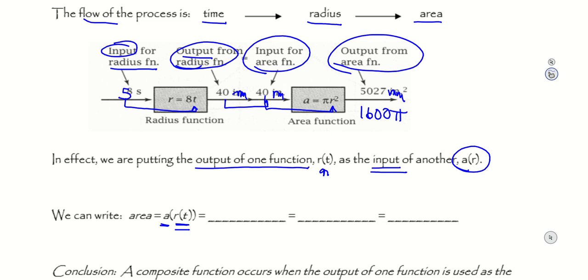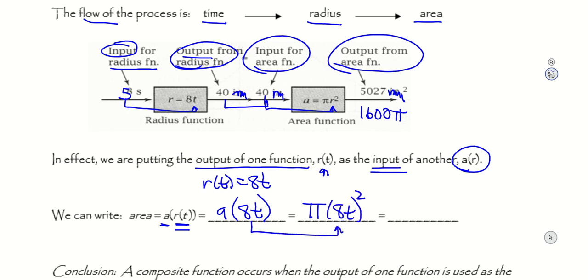And making our substitutions, because we know that r of t is equal to 8 times t, we could say that area is a function of 8 times t. And I know that area is pi times its input, which in this case is 8t squared.